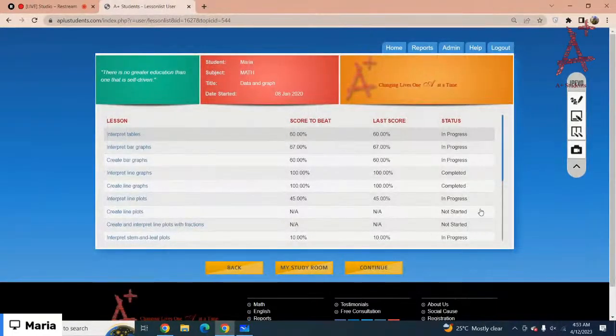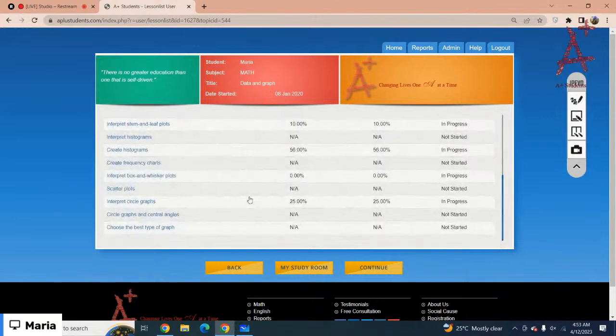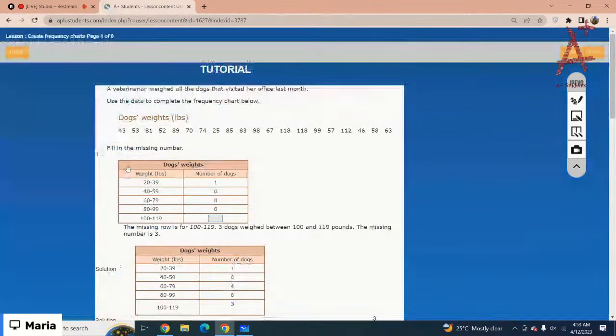Okay, the next one is create frequency charts. Let's start with the next lesson. A veterinarian weighed all the dogs that visited her office last month. Use the data to complete the frequency chart below. You have to just count the values between these ranges. Got it?